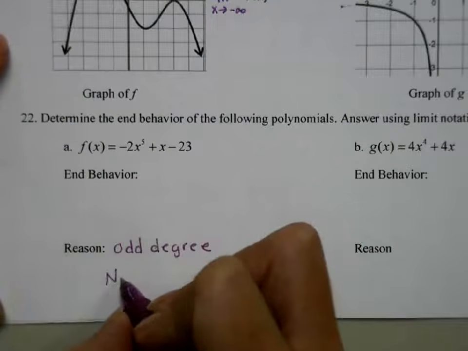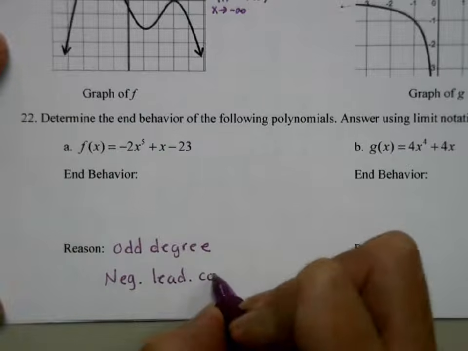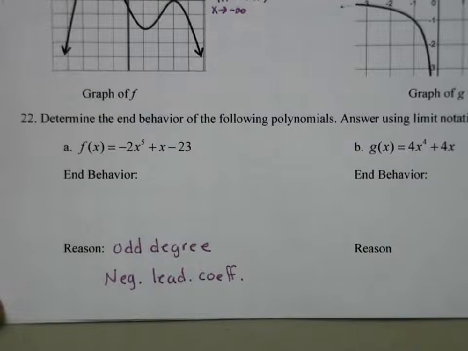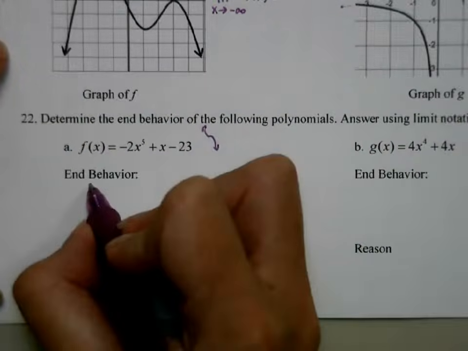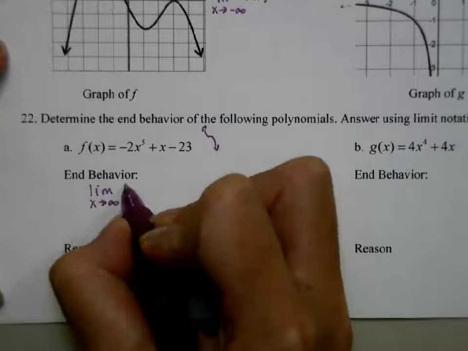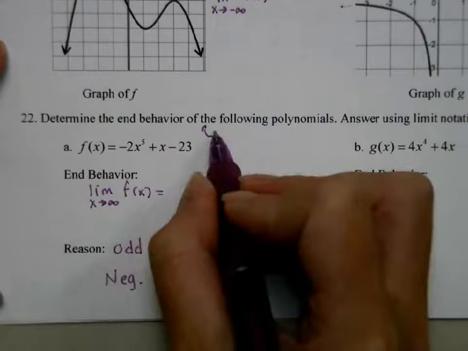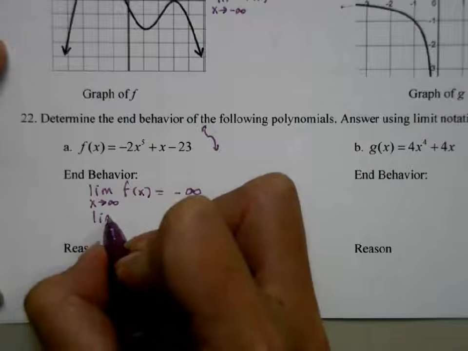Okay, so the graph in general is going to kind of look like that. So the limit as x goes to infinity is going to be negative infinity. As we go to negative infinity, we're going to positive infinity.